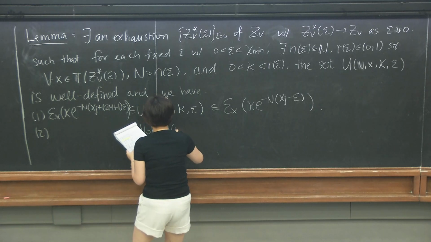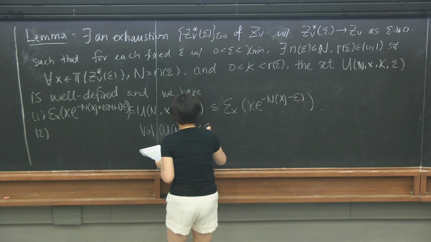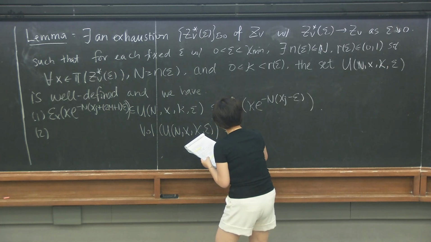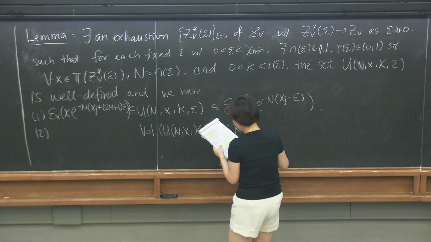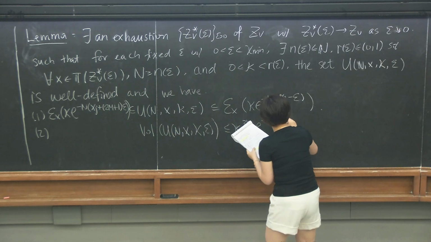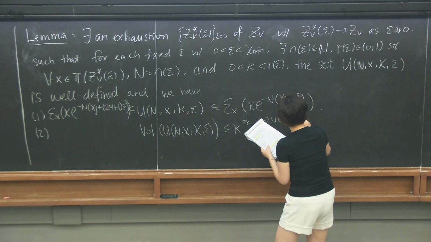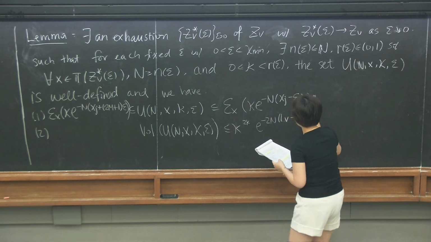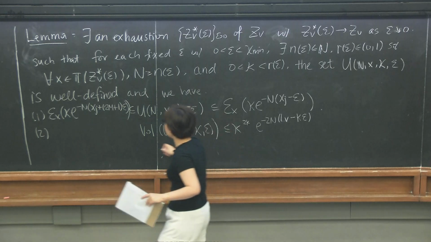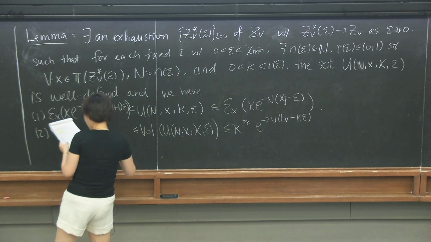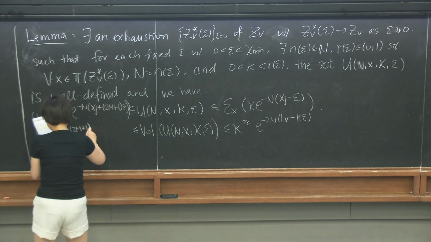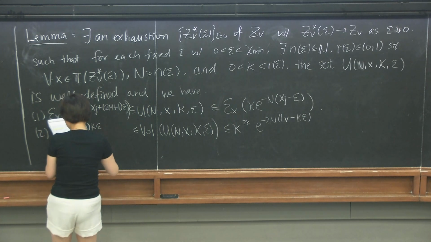So the volume of kappa epsilon is smaller than or equal to kappa to the power of 2k dimension, e to the power of 2n, Lyapunov is the sum of Lyapunov exponents, subtract k epsilon. Here the k in the exponents is the dimension. Downstairs are radius. So this is e to the power of negative n, 2m plus 1, k epsilon.